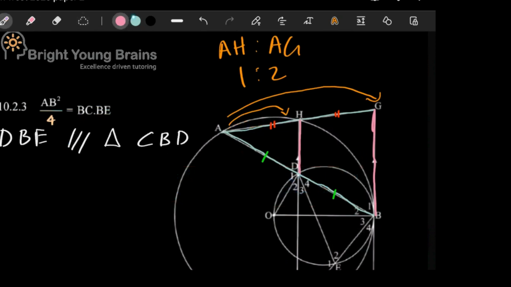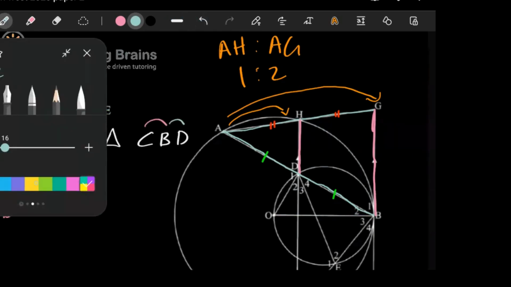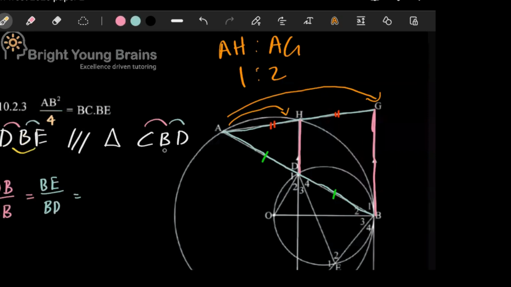So from here I can write out DB over CB is equal to BE over BD, which is also equal to DE over CD.